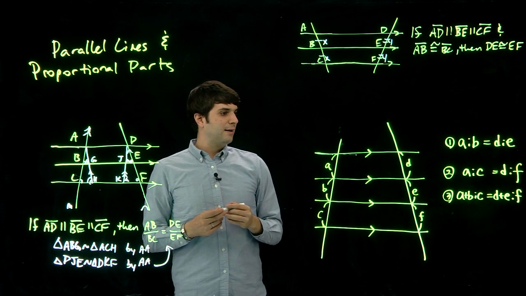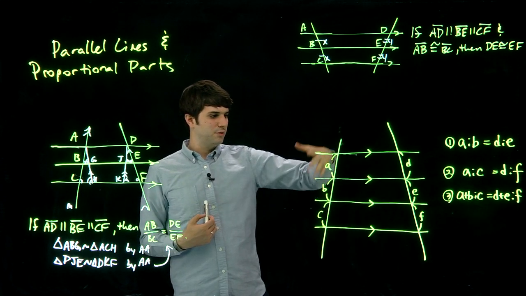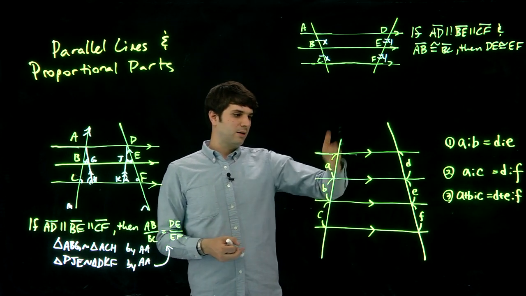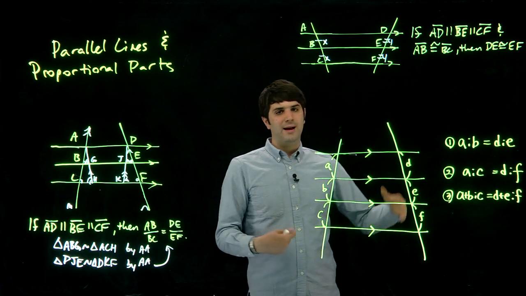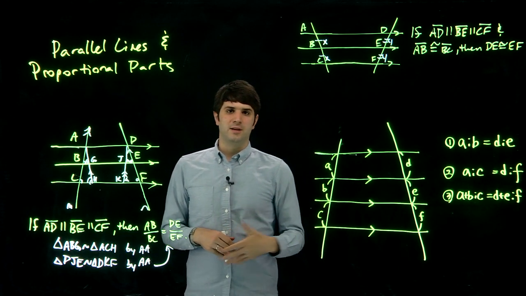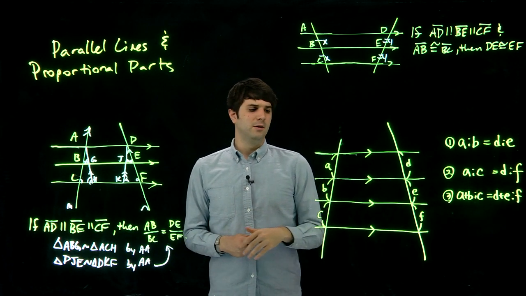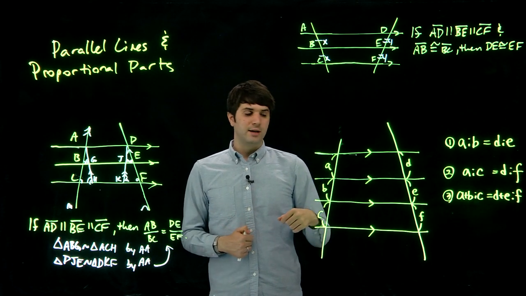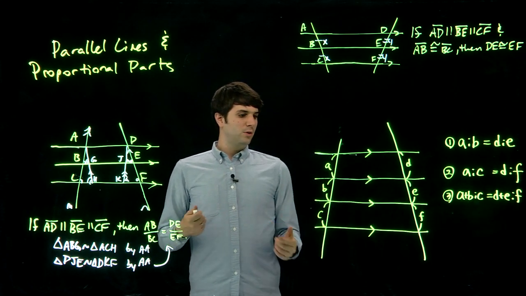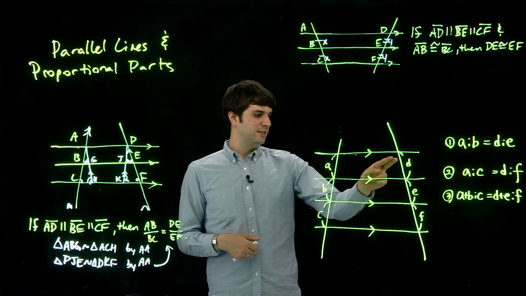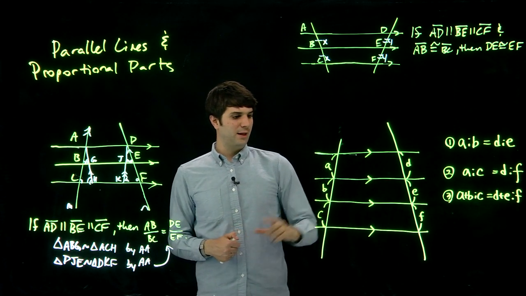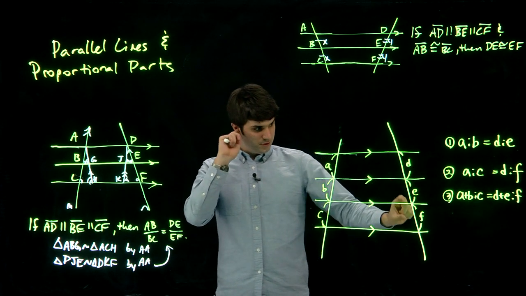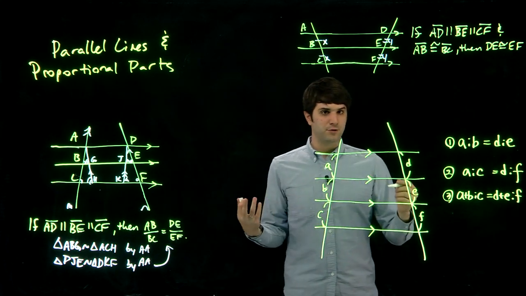Okay. Finally, it's not super complicated, but it looks something like a ladder. We have many parallel lines cut by two transversals. Then we have many relationships, and I've just written out a few here. So for example, if this is our situation, we know that A to B is the same ratio as D to E. We know that A to C is the same ratio as D to F. We know that A plus B to C is the same as D plus E to F. Okay, I can write a few more.